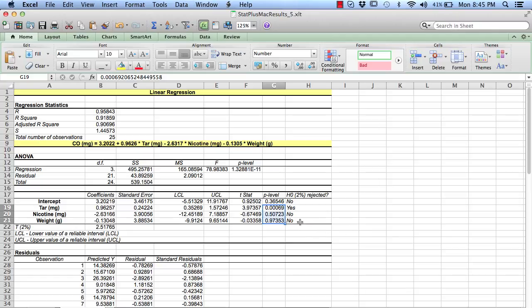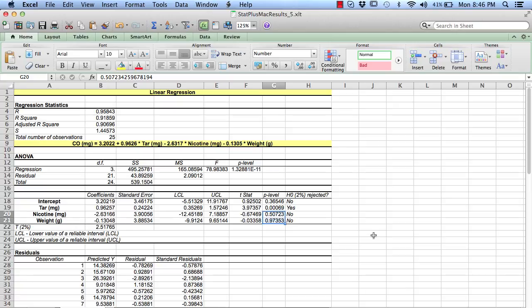And so for tar, we have something smaller than 0.05, which is why Excel tells us that yes, it is significant, so that's good to note. But the other two, nicotine and weight, the p-levels are much bigger than 0.05, and Excel is telling you that both of these are not significant.